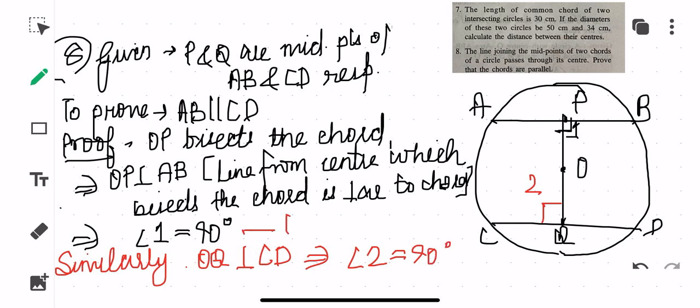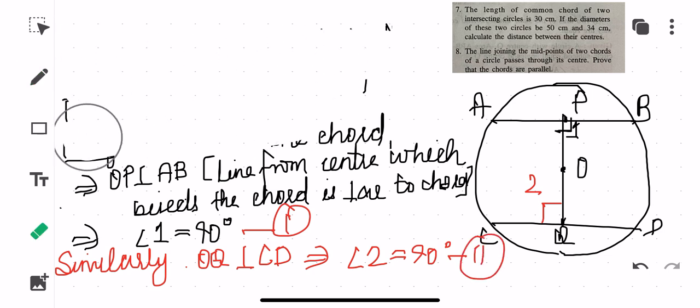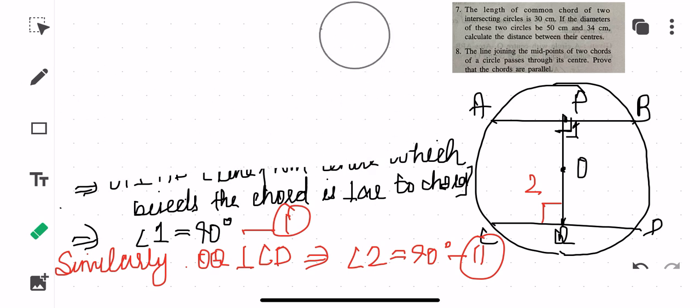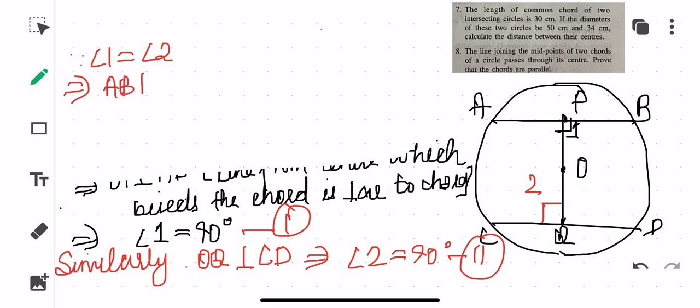So this is your equation number 1, this is your equation number 2, and then what you will be writing, children, this is very easy, we are almost done. Since angle 1 is equal to angle 2, this implies that AB will be parallel to CD. Why?